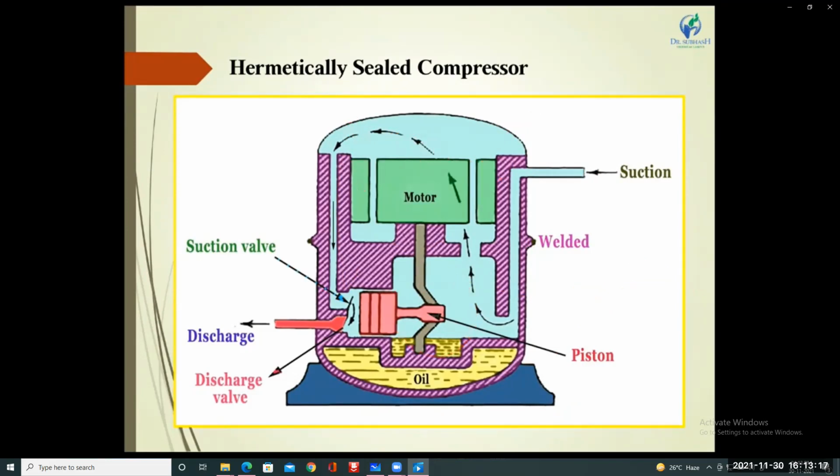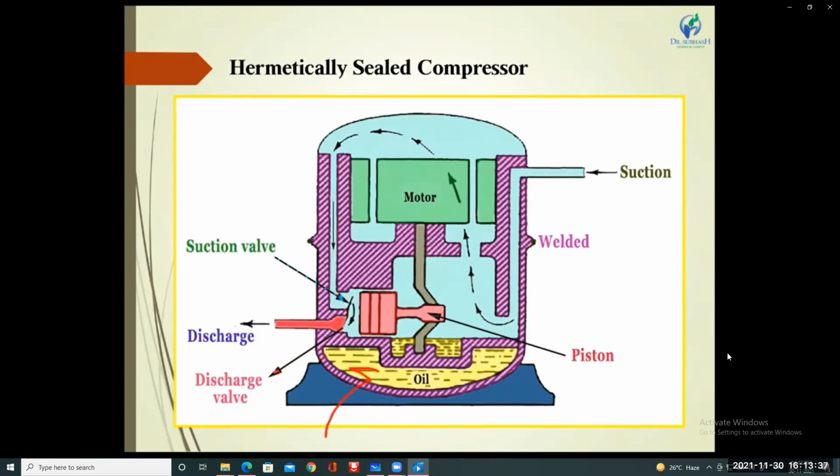Then the piston moves through stroke 1, stroke 2, stroke 1, stroke 2, with the suction valve letting gas in and the discharge valve letting pressurized gas out.